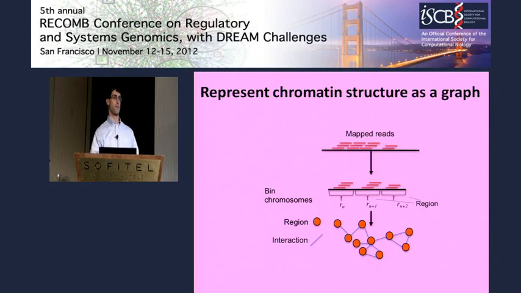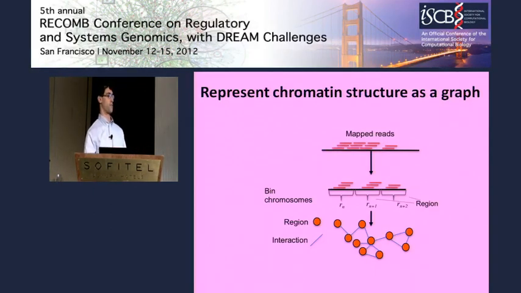The first step, and this is a pretty well-established process by this point, to analyzing this data is representing it in a form that we can do something with computationally. So we begin with a library of mapped reads to areas on the genome. And the first thing we do is we bin the genome at a set size, so at a set resolution, say 100,000 base pairs or 1 million base pairs.